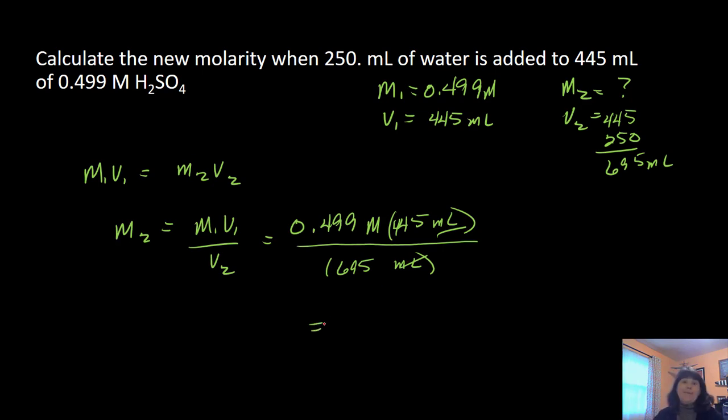Oh, that's my phone, not a calculator. Okay, here we go. 0.499 times 445 divided by 695. 0.320 M. Did the concentration go down when we added more water? And the answer is yes. Yes, it did.